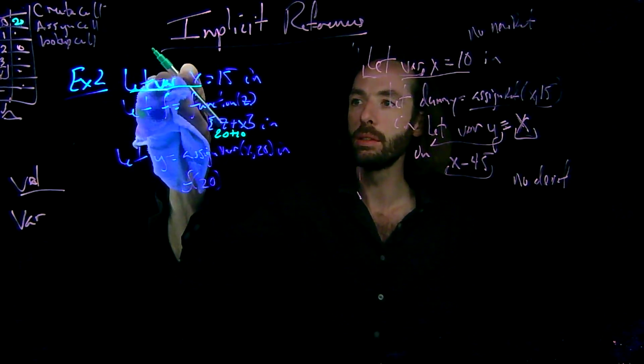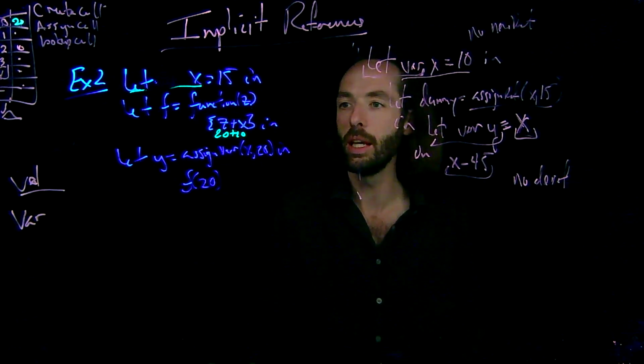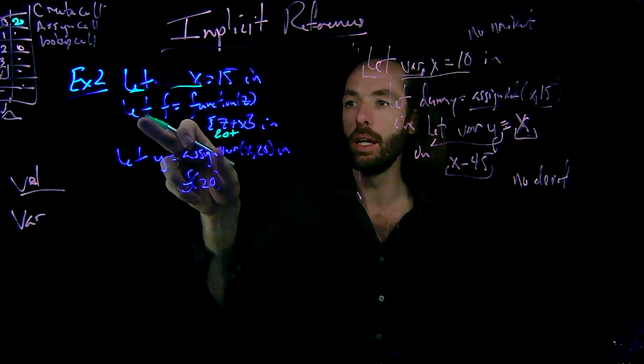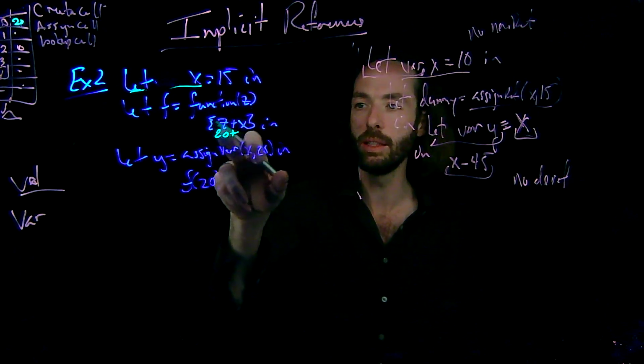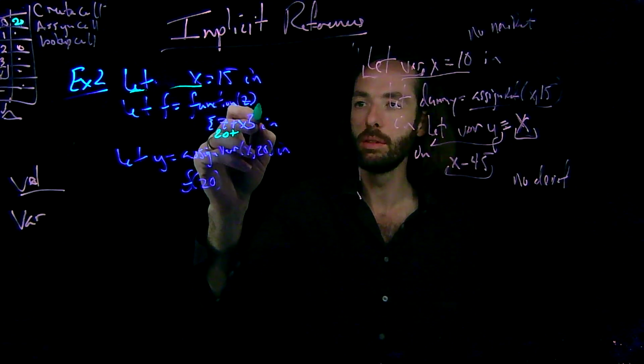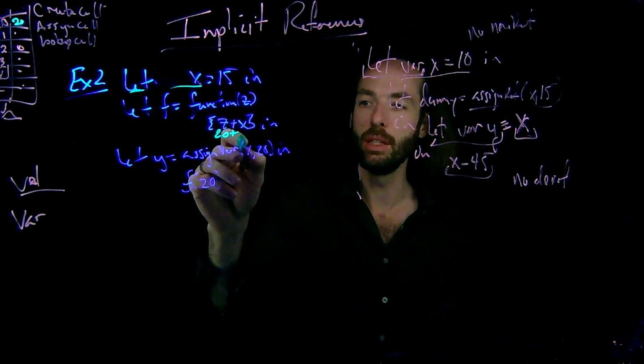If we change this, so let's suppose we didn't have the let var, so we have just let x equal 15, and then we let f be the function that takes z and returns z plus x. Well, now when we create the closure for f, x is just bound to 15.